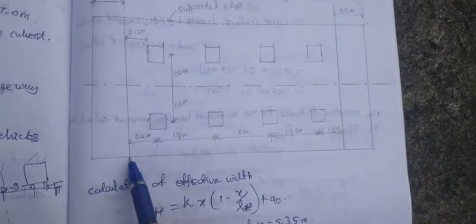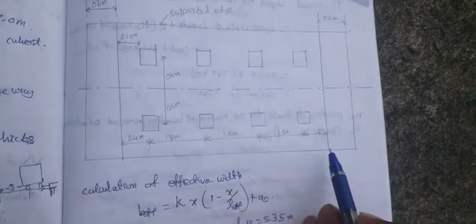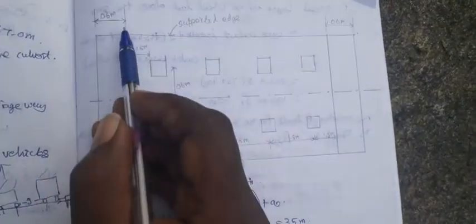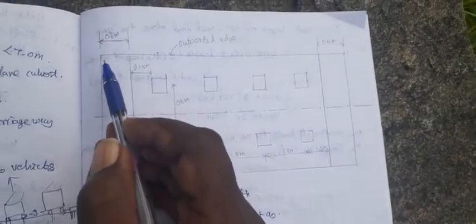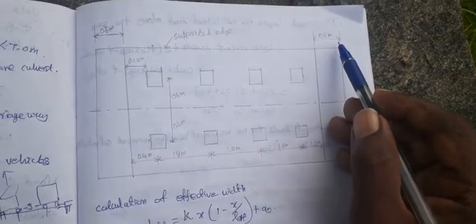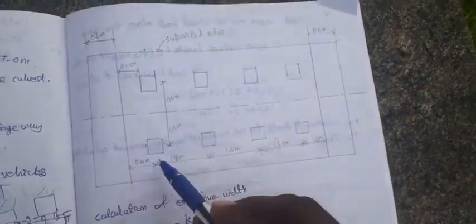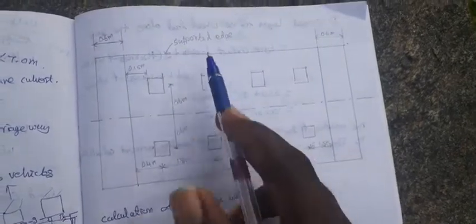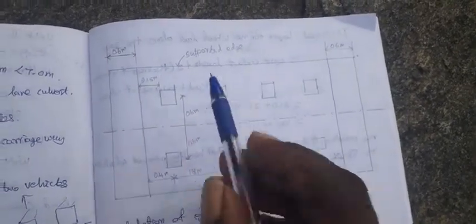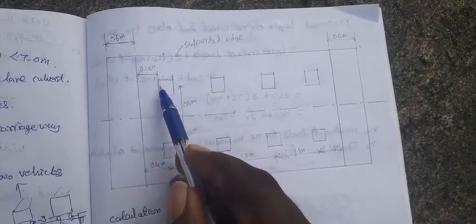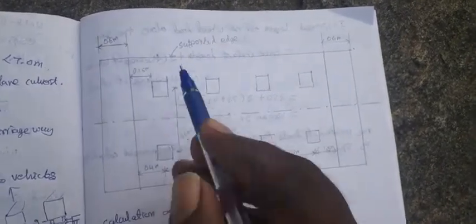This portion to this portion is a 7 meter clear way. After that, 0.6 meter is used as a curb, and the left side also 0.6 meter is used as a curb. These four boxes are considered as the wheel contact area. We know the contact area of the wheel is 500 mm. So this is the 500 mm.